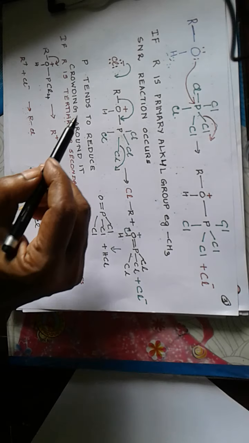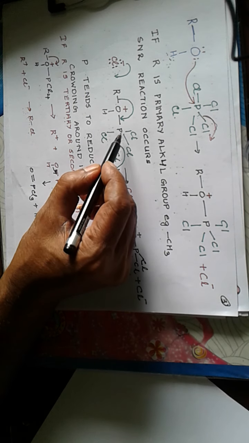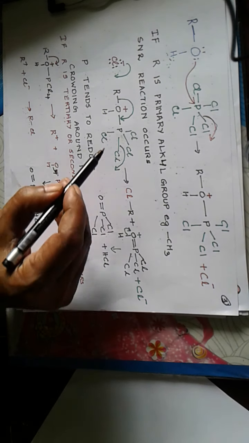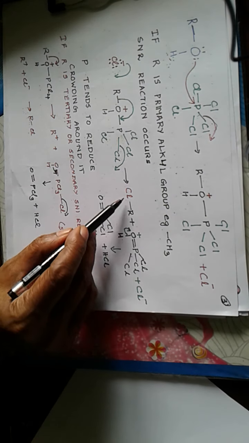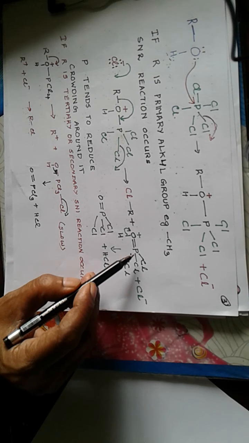Always phosphorus has a tendency to take up electrons, because its oxidation state is +5 in this case, so that we get ClR, then OH positive double bond PCl3 plus Cl negative.